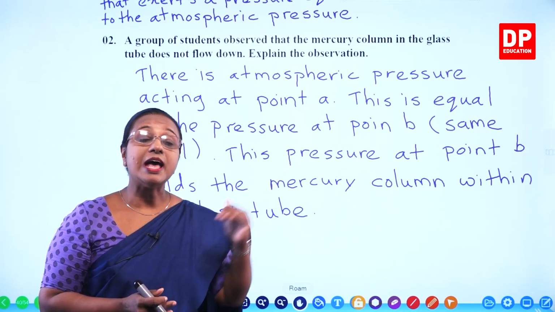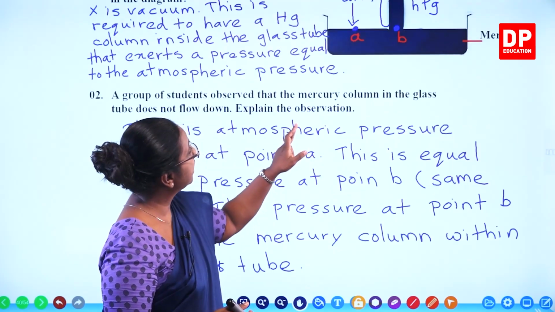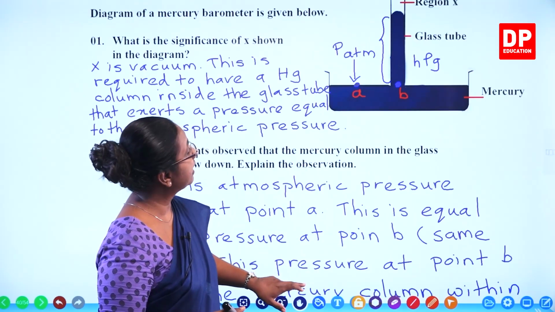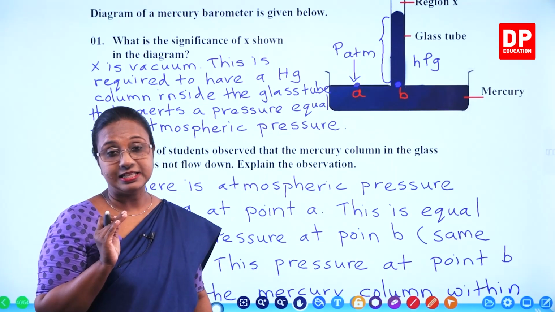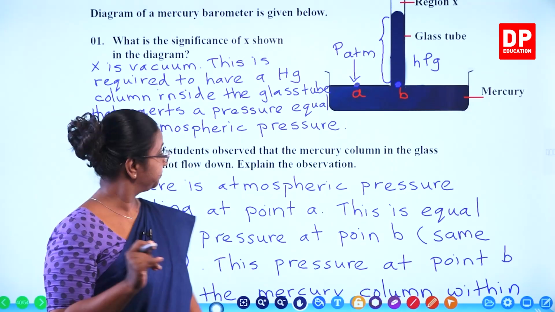Pressure equal to the atmospheric pressure is exerted at point A and B, like shown in the diagram. So because of that pressure, the mercury column is held vertically like that. It doesn't flow down. Is that clear to you all, students?